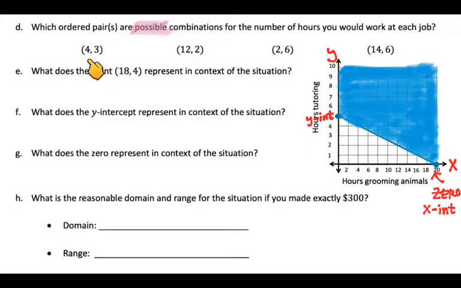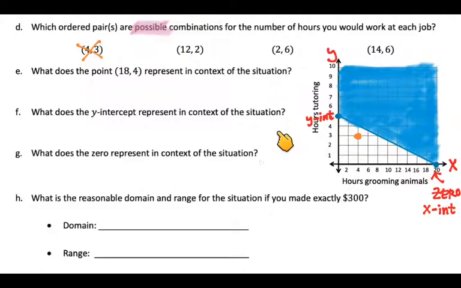So if we look at this point, (4, 3), and I find the location of that point on the graph, here's 4, here's 3. Since this particular point is not in the blue area, then this is not a solution. So you'll have to graph each of those points to determine if they are solutions or not. This one is not.